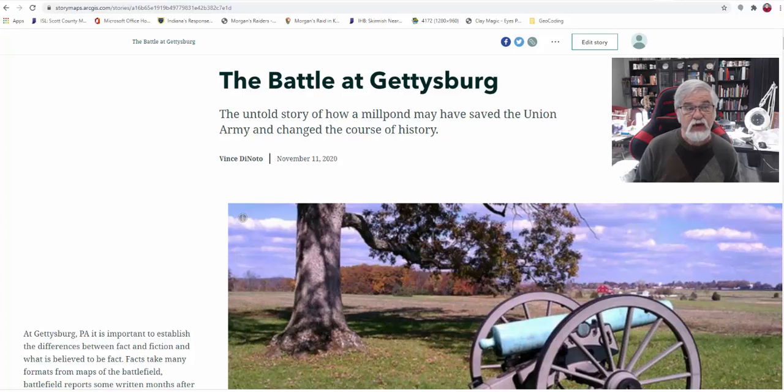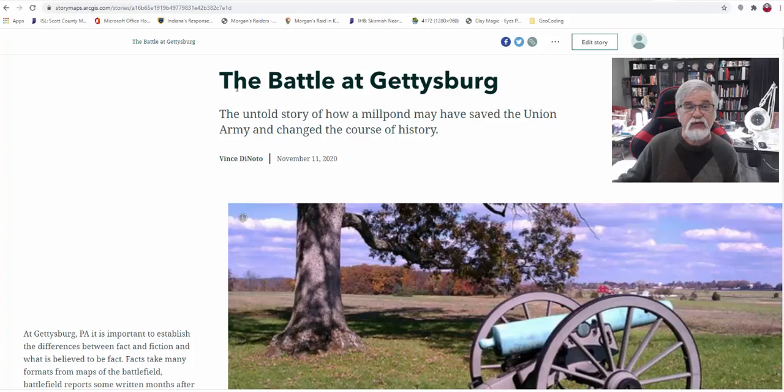The link to this story map is up here on the left hand side, and we've also put it on the end slide of this presentation. So we're actually in a story map, and we're going to use that as our communication tool.